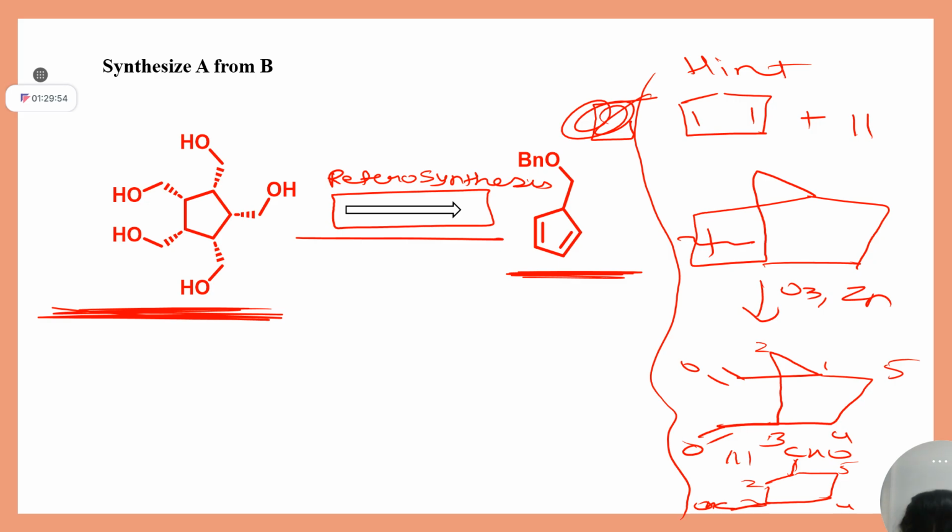Ma'am, we have to go back, right? From the backward, we have to go. Yes. You have to tell me how to start synthesizing this compound, the starting material. You have to go back.